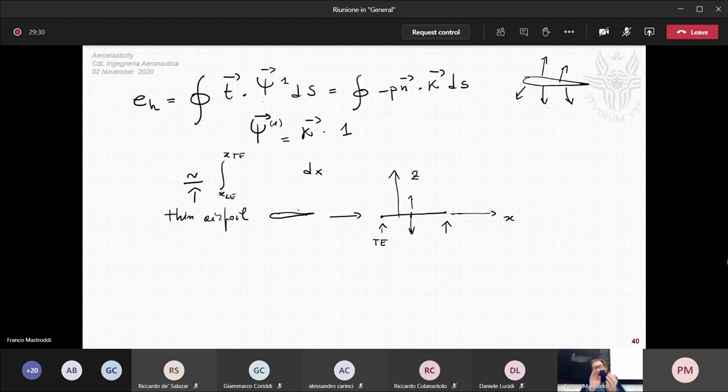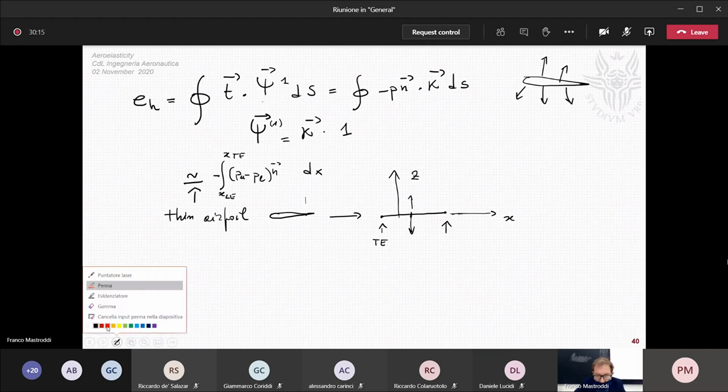This closed surface is collapsed to a line, as you know, remember, and therefore, in the old and correct vision of your circulatory integral, you reduce it to a line integral, but for each point you have to consider up and down at the same time, and therefore we have to consider minus P upper minus pressure lower n, and this n now is the unique normal in the upper side, and that's it.